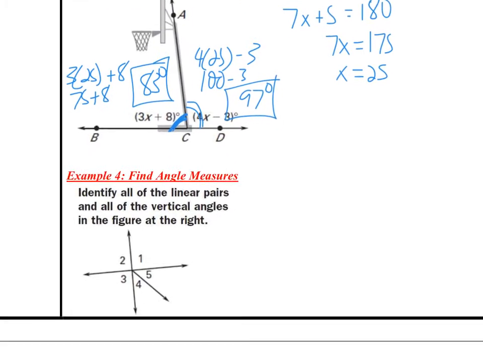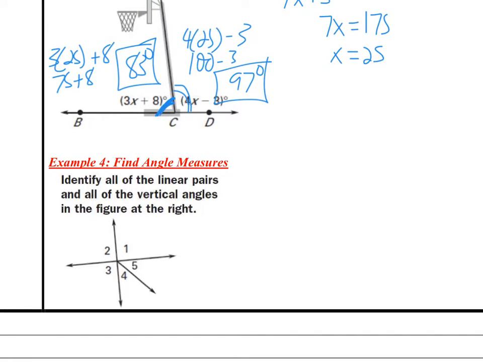Next one, it says identify all of the linear pairs and all of the vertical angles in the figure at the right. So let's do linear pairs first. What are two angles that make a straight line, make a straight angle together? This is important, it is only two. So I can see that angles 1, 4, and 5 together, all three would make a straight angle, but we only want pairs.